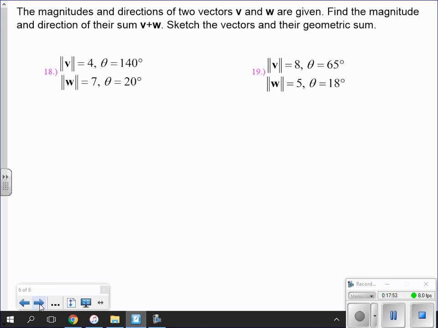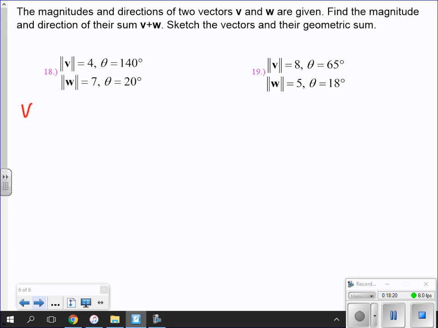So the first thing we need to do is, you can't just add the magnitudes or add the directions. You need to convert it back into standard form. We just did that. A is 4 cosine 40, B is 4 sine of 40.